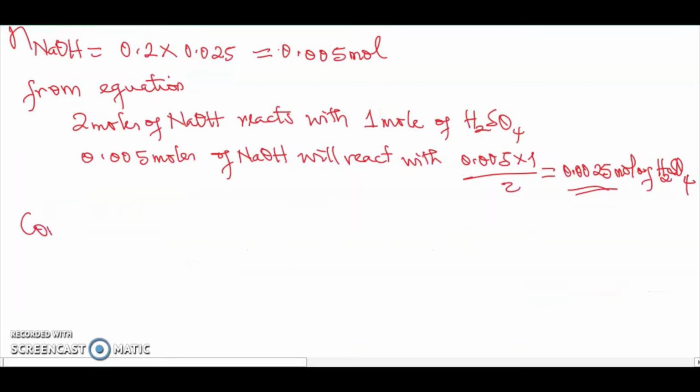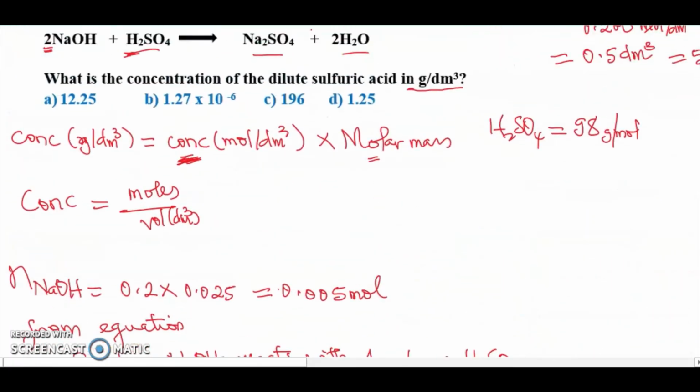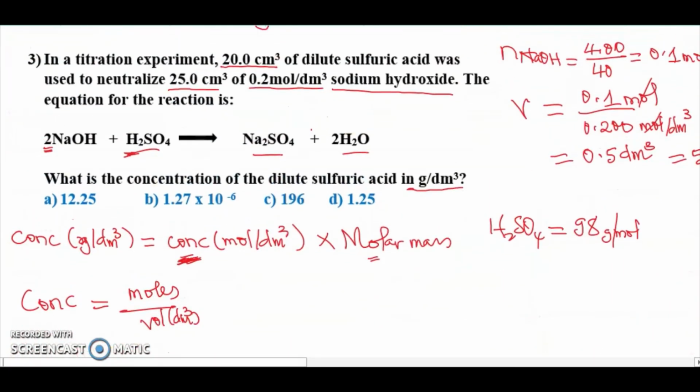So concentration of sulfuric acid now. Concentration of sulfuric acid is equal to the number of moles we got here, 0.0025 divided by 0.02. Remember, we have converted 20 divided by 1000.